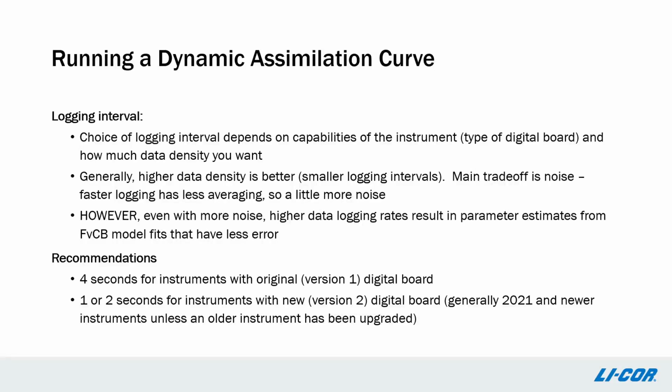In general, we have found that a higher data density or higher logging rate works well, and curve fits show less parameter error when compared to curves that have fewer data points. Note, though, that faster logging does not change the mean values of the parameter estimates, just the statistical uncertainty around the parameters. We will now demonstrate setting up a dynamic assimilation CO2 response curve on the LI-6800.